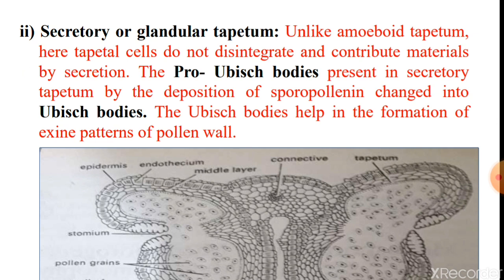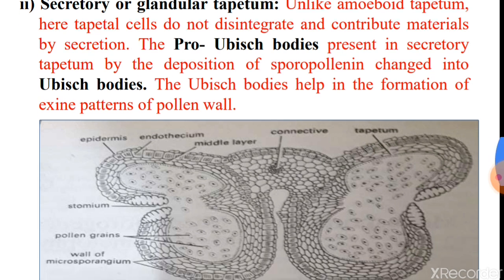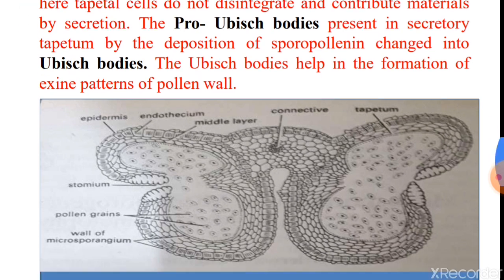Here, in the cytoplasm of the tapetum, pro-ubisch bodies are present. After the deposition of sporopollenin, these pro-ubisch bodies change into ubisch bodies. And the ubisch bodies help in the formation of exine patterns of the pollen grains.